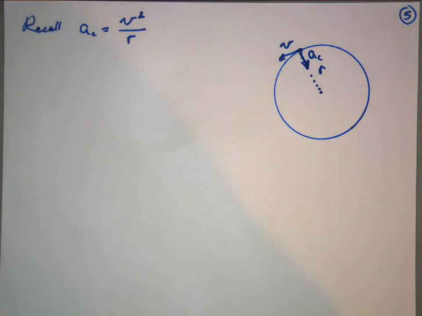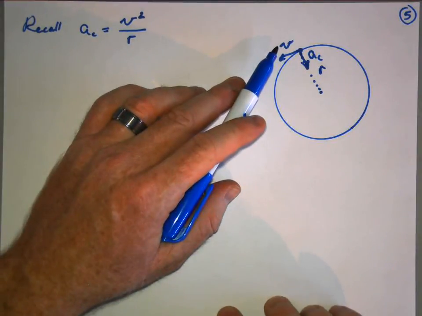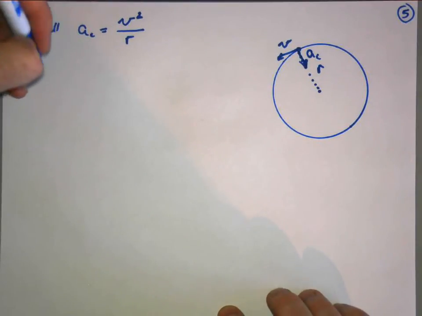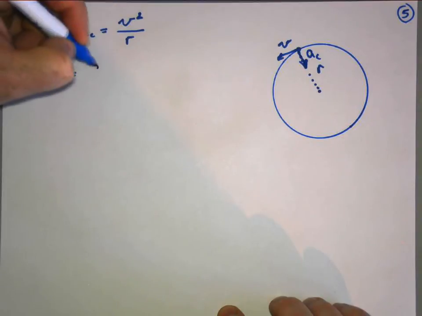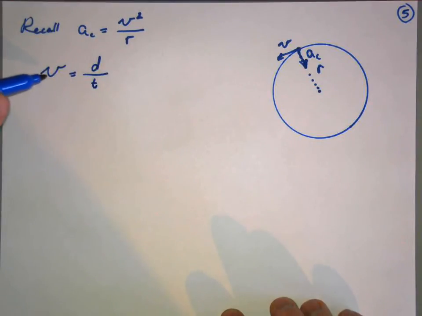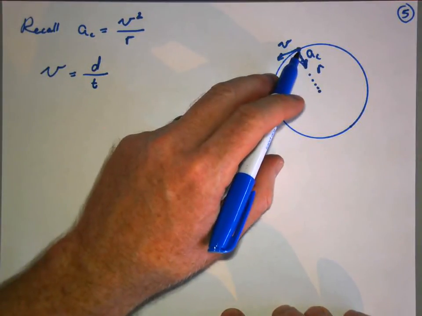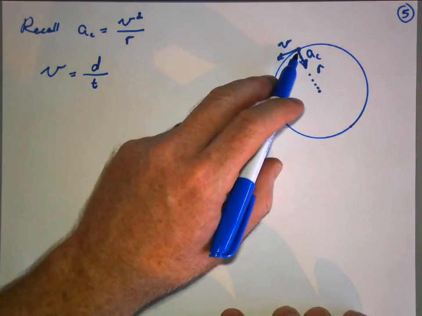Well, how could we figure out this orbital speed? How could we figure out that v right there? A velocity, any velocity, is simply a distance traveled divided by time. I said velocity. Really, we're talking about a speed here. In this case, one easy thing to look at is how far does the planet move in one orbit.